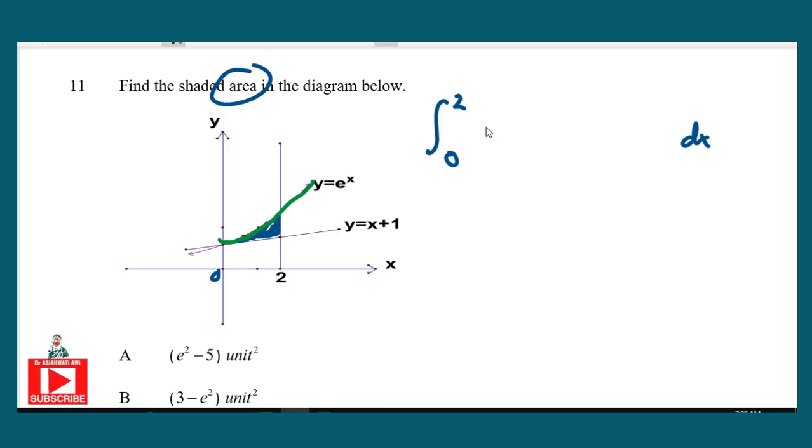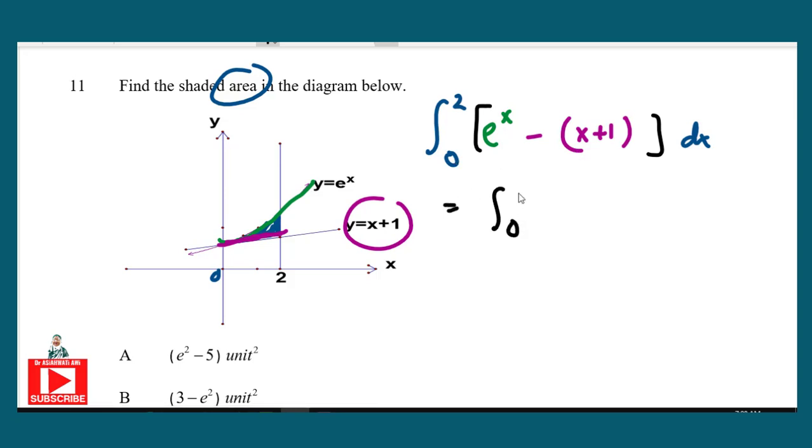So write this one first, e^x. Okay, the second one is this line, y equals x plus 1. Minus x plus 1, and then integrate from 0 to 2 in bracket. Okay, simplify before integrating. e power x minus x minus 1 dx.